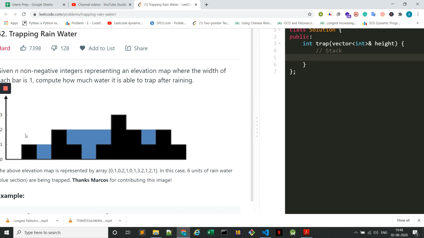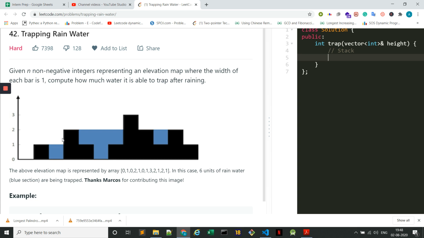If you look at the graph, the highest pillar, the one having a height of 3. For each pillar, we will try to compute the bounds of this pillar, right? We will compute the left bound and the right bound.